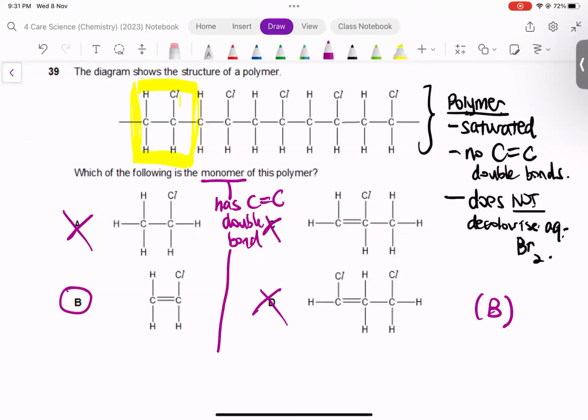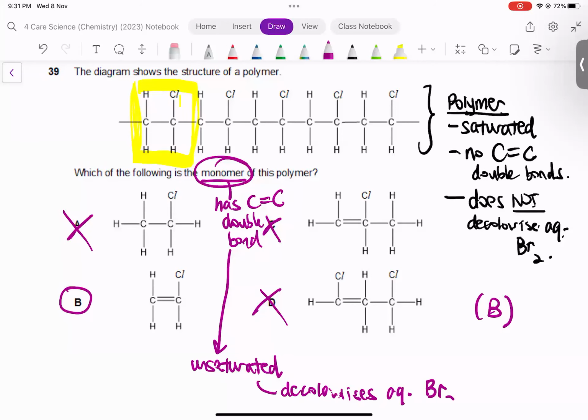On the other hand, the monomer is unsaturated. The monomer has carbon-carbon double bonds, and hence it decolorizes aqueous bromine. And that's the difference between the monomer and the polymer. The monomer is unsaturated, it decolorizes aqueous bromine.